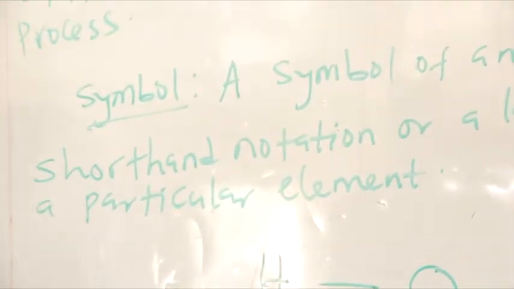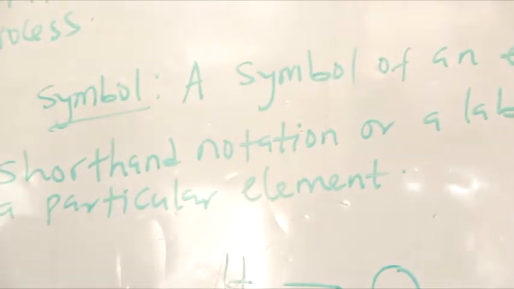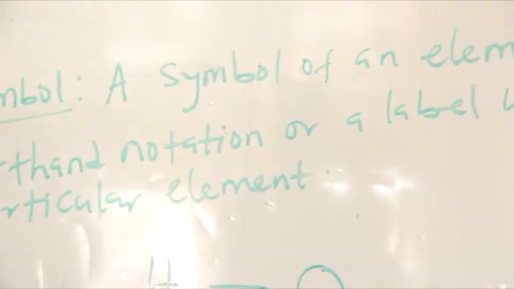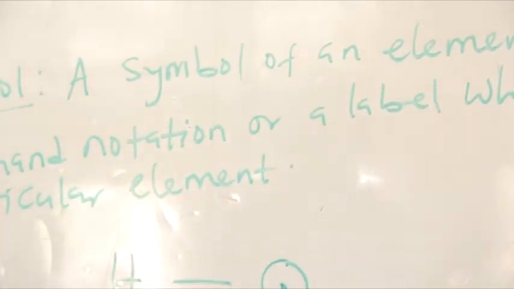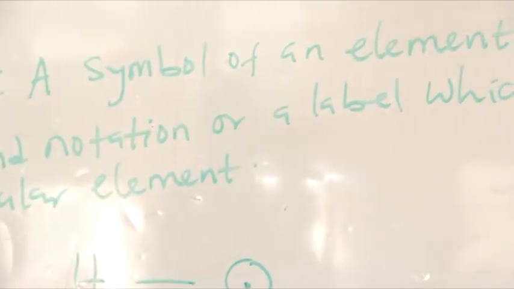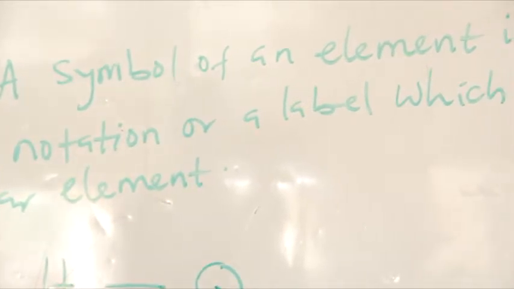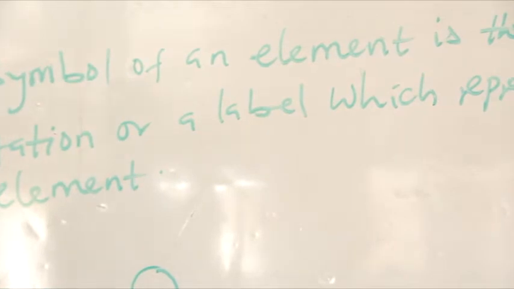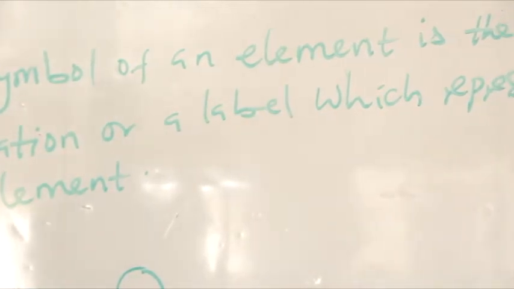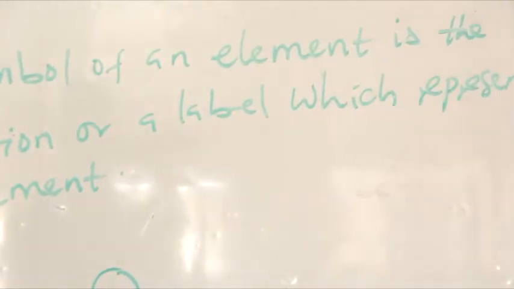As we can see in the table that we're going to display for you, each element was given a notation which was extracted from the name of that element. This notation was unique to that particular element and differs from others.